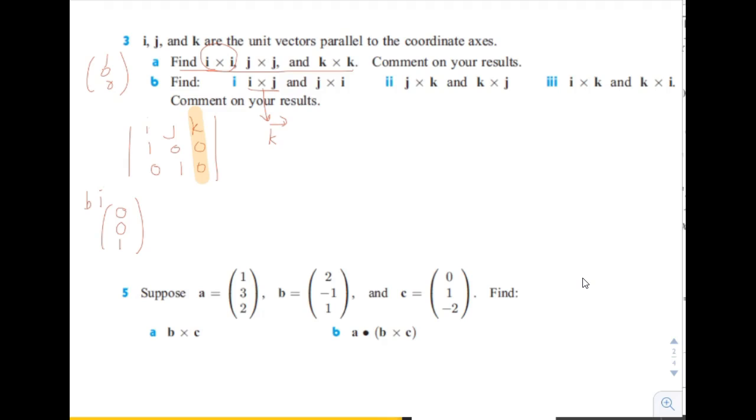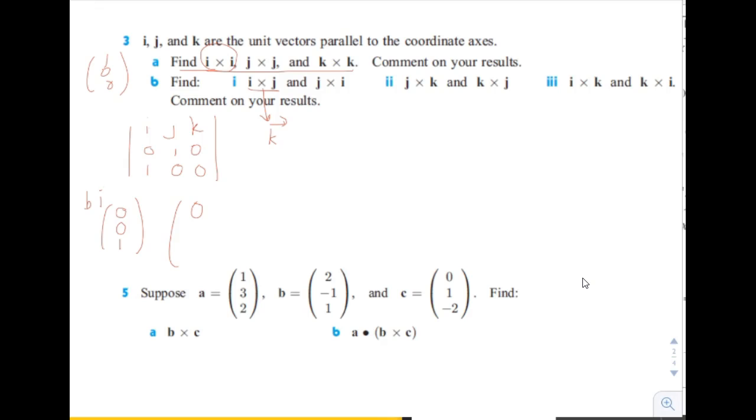Okay, what about J cross I? On the top you would put the J vector, which is 0, 1, 0, and the second vector would be the I vector, which is 1, 0, 0, and you're saying, well, that looks the same. It's actually going to turn out to be very similar to the first result. First we're going to cover up this column, and we're going to get a determinant of 0, so the I component here is 0.